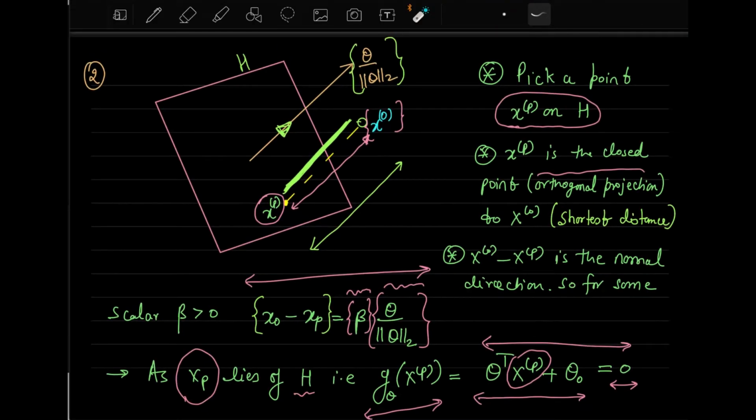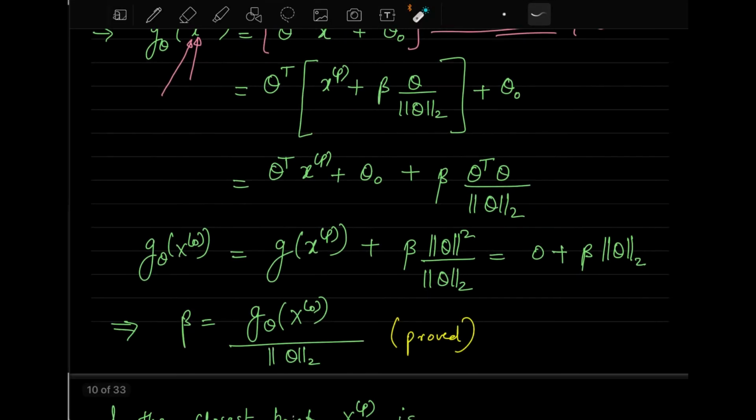So previously we saw that theta transpose is normal to this, so the product became 0. And now how is it like this is theta square? Where is theta square? These are all identities from matrices.